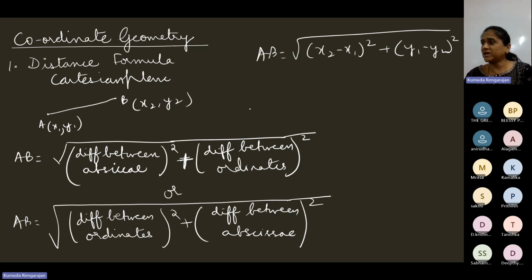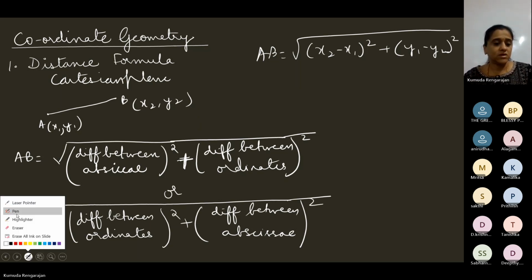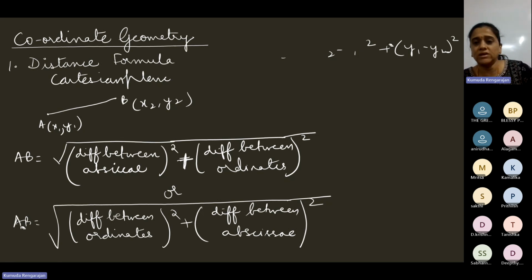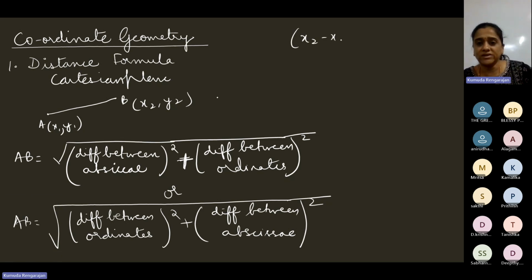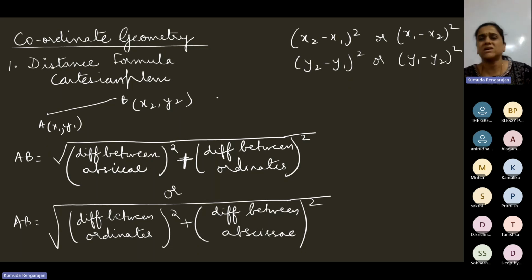So in the formula, you can write x2 minus x1 the whole square, or x1 minus x2 the whole square. You can write y2 minus y1 the whole square, or y1 minus y2 the whole square. Pick anything.